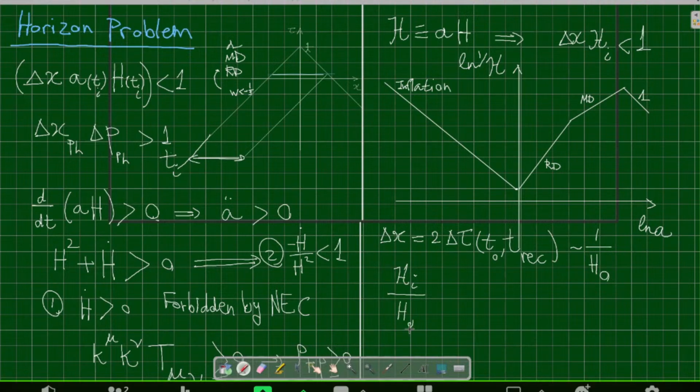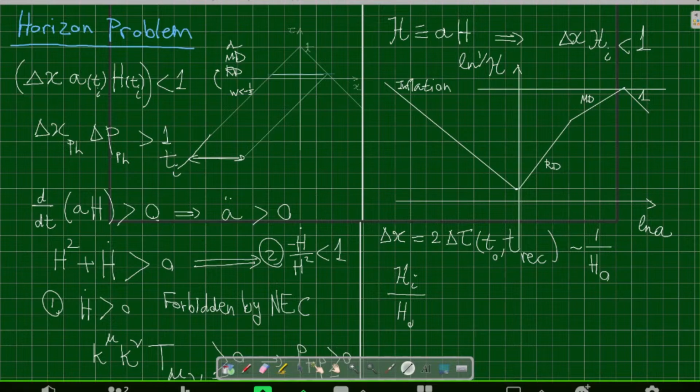In this plot, it corresponds to this. So 1/H0 will be a distance that is of order of the peak of this diagram. And of course, delta x is a fixed number, right? So it's just a constant in this diagram.